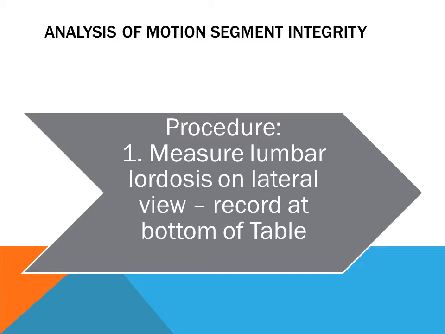The lumbar lordosis is measured from the superior end plate of L1 to the superior end plate of S1. Measure that angle and record that angle at the bottom of your template, and I provide that template for you. Record that at the bottom of the template in column 1.